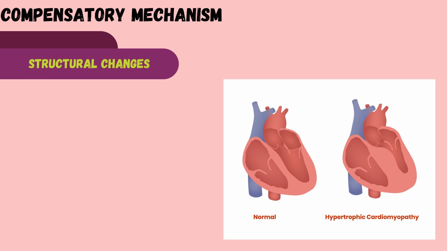Dilation. In systolic dysfunction, the left ventricle may enlarge or dilate. This happens as the heart tries to accommodate more blood to pump out, but a larger heart chamber often means weaker contractions. Think of a stretched out balloon that does not spring back into shape easily.